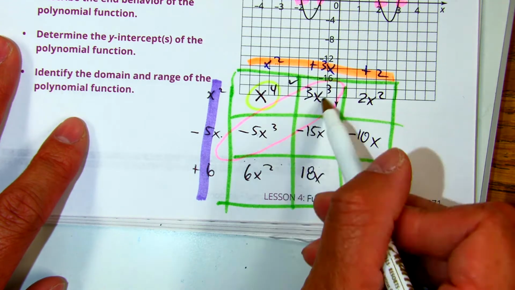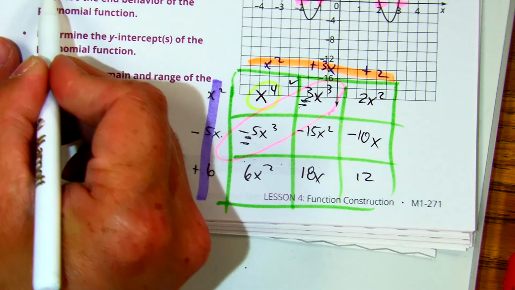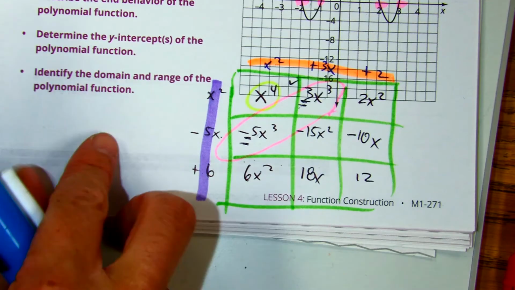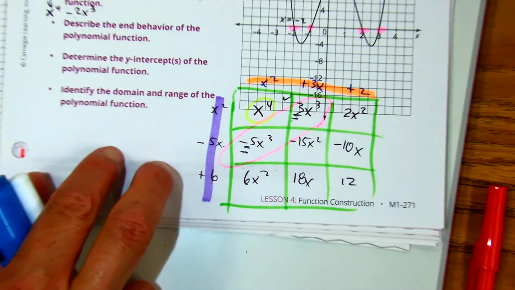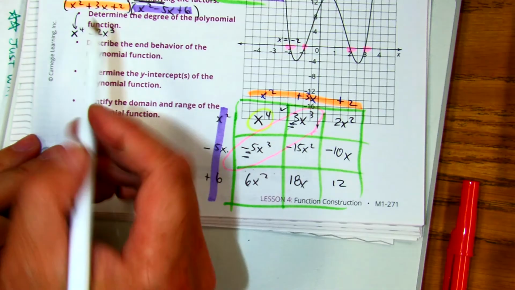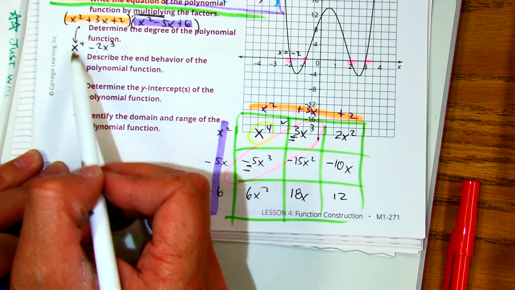Well, these two are like terms, so you just look at the number in front. 3 and a negative 5 gives you negative 2. This is the answer that we're writing for the second bullet point, so I ran out of space, so I'm just writing it there.